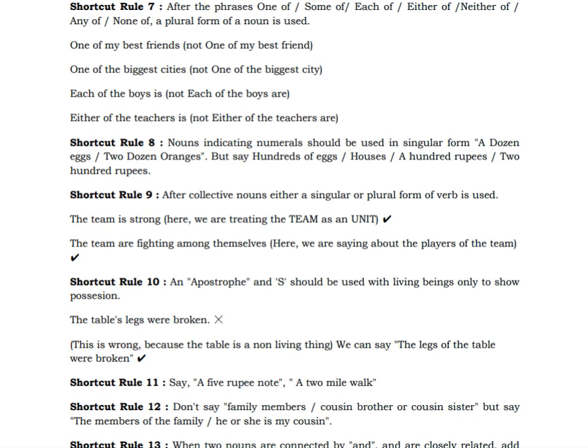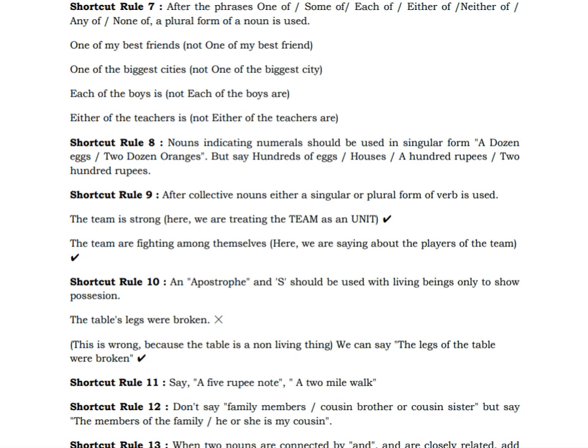It is not 2 dozens. It's 2 dozen oranges. But say hundreds of eggs, hundreds of houses, 100 rupees, 200 rupees. Remember this. A dozen eggs. So let's go to rule number 9 now.